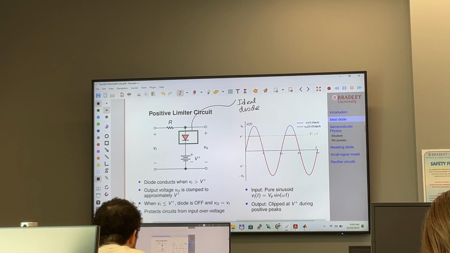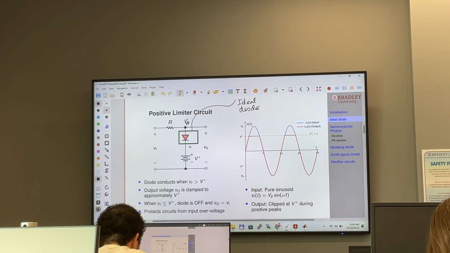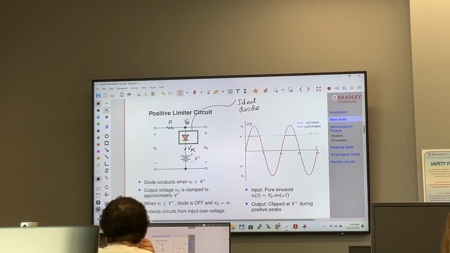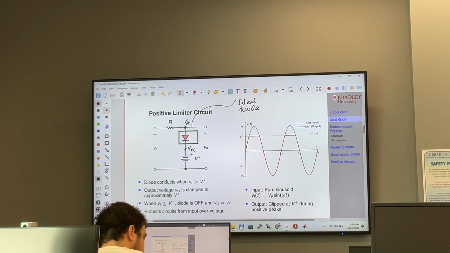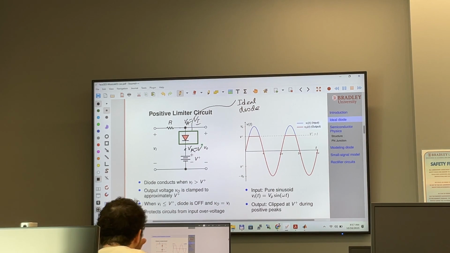Again, this is my V sub A, and this is my V sub K, the cathode voltage. So the diode will conduct when this voltage is greater than this voltage. And the total voltage here is going to be V sub I. So the diode conducts when V sub I is greater than the cathode voltage, which is V plus.